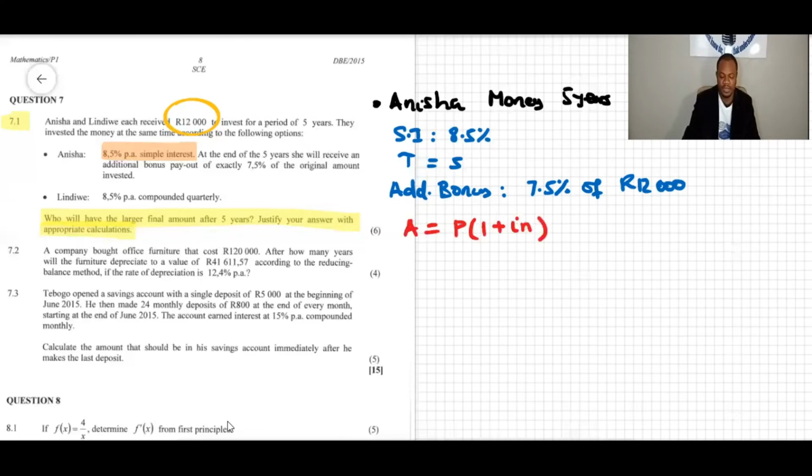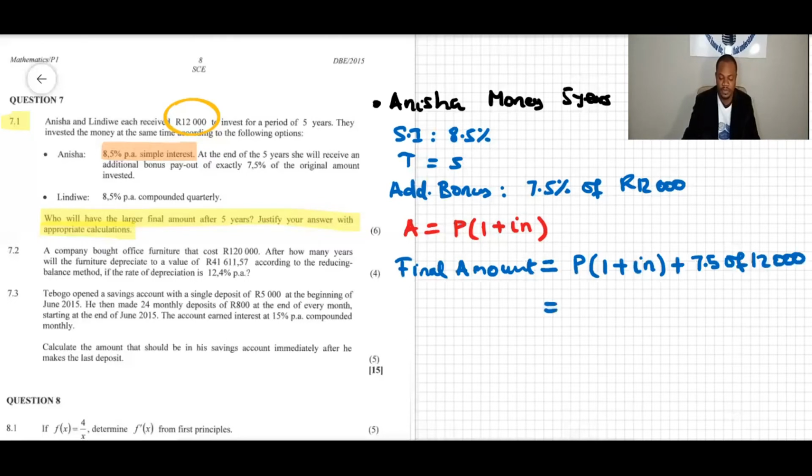That's the formula we know to find the amount. So now in this situation, the final amount will be equal to P(1 + IN) plus 7.5% of 12,000.